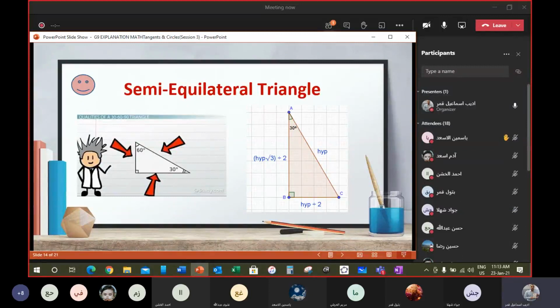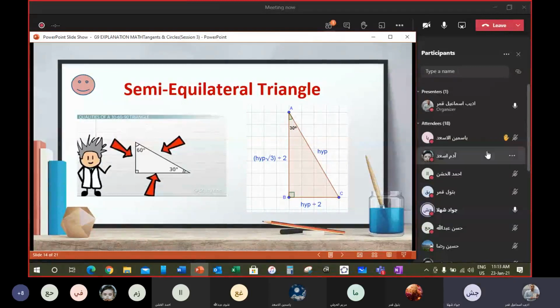طيب جواد، which angle is the angle 60 هون بهيدا الفيجر؟ C. Name an angle in 3 letters. BCA. فإذا angle BCA is equal to 60 degrees. طيب what is the side opposite to it يا جواد؟ AB.